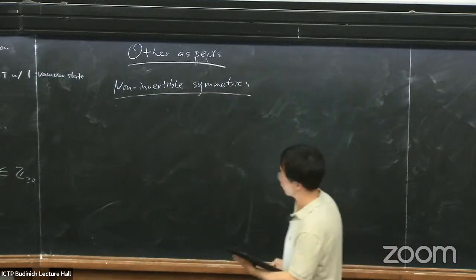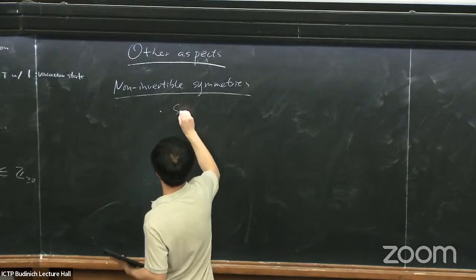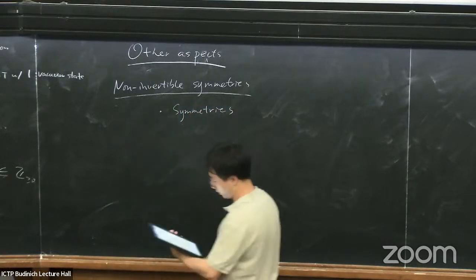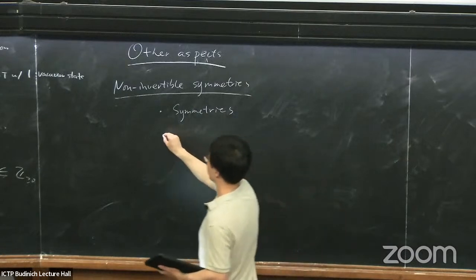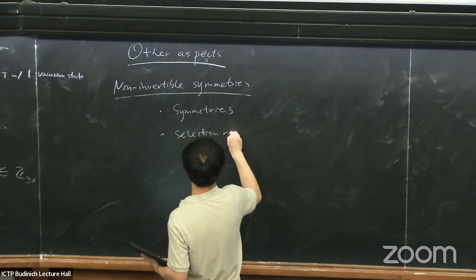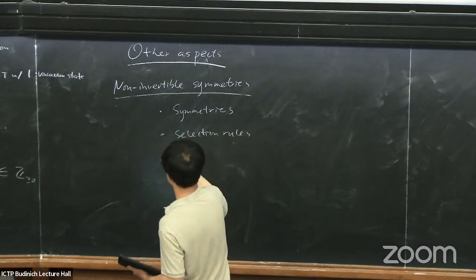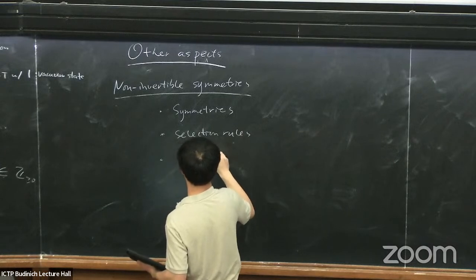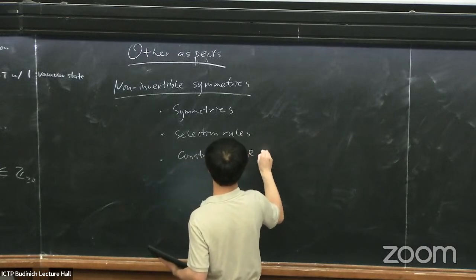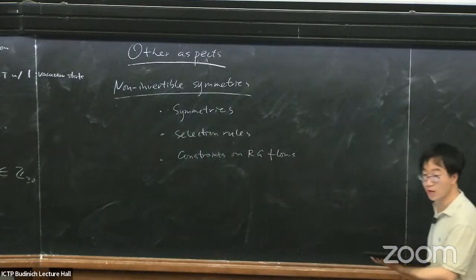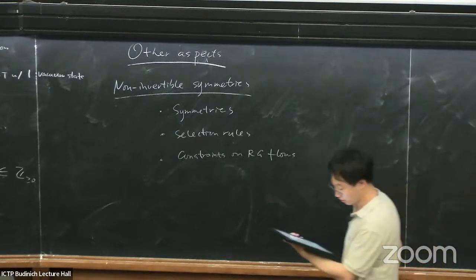And hopefully through these lectures, I'll convince you that they are as good as the usual symmetries. In particular, they give rise to selection rules and lead to constraints on RG flows, or the IR phase diagram of some UV description.